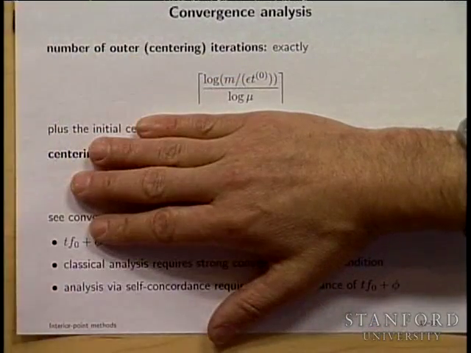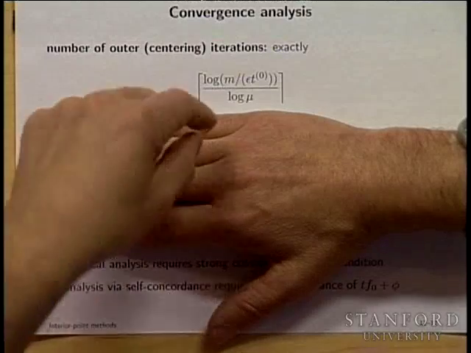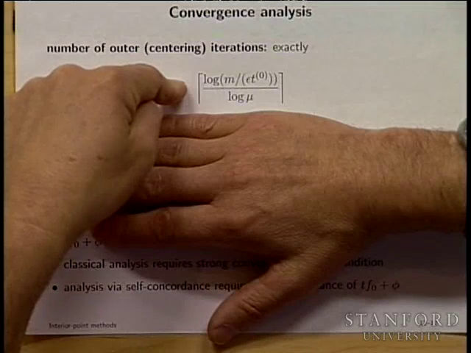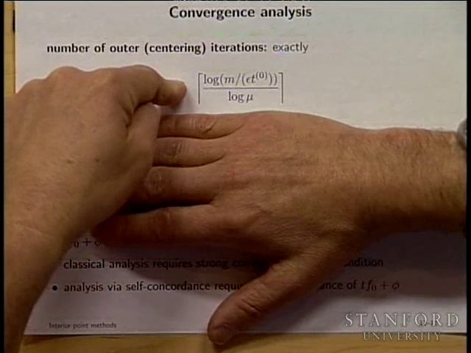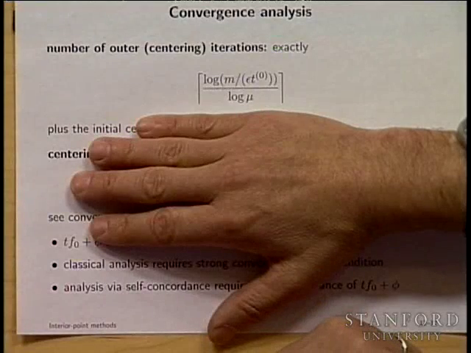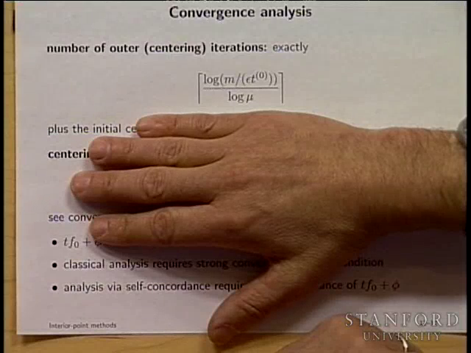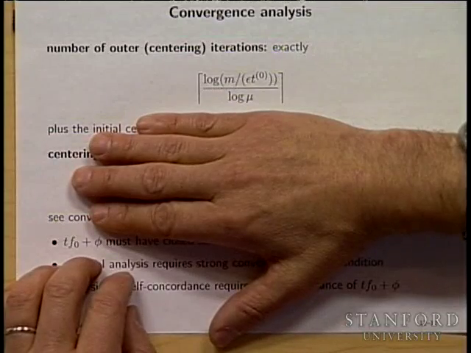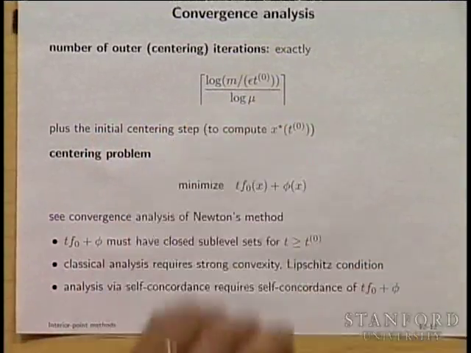If mu is 1.01, log mu is about 0.01, so basically that's 100 in the numerator here. Log 1.01 is 0.01, kind of. Very close.